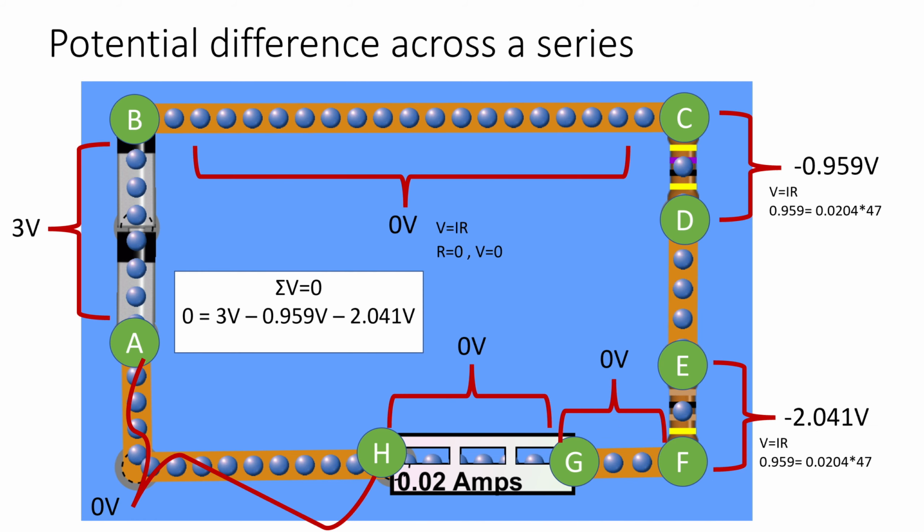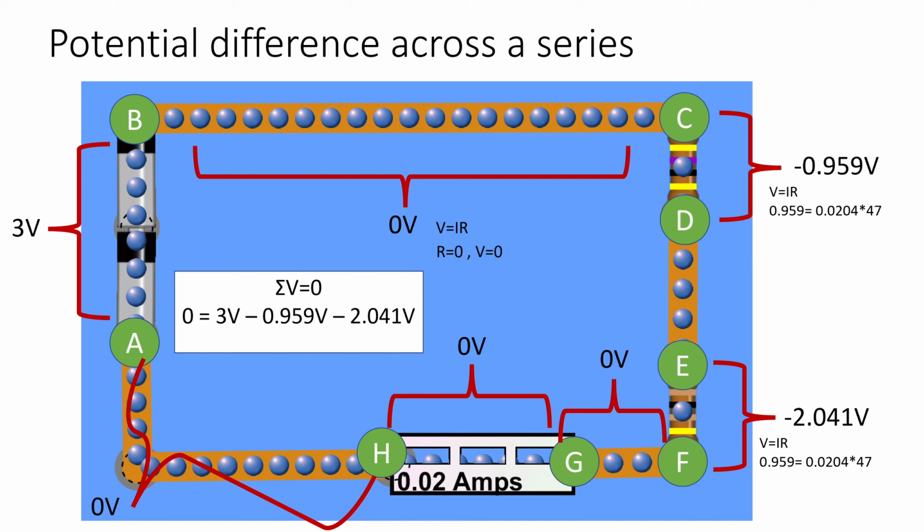Now let's take a look at different pieces of this system. We can see that Kirchhoff's loop rule is upheld here. The sum of the potential differences equals 0. We are beginning with 3 volts, and then we have 2 resistors that take away from that and change the potential difference, one being negative 0.959 and one being negative 2.041.